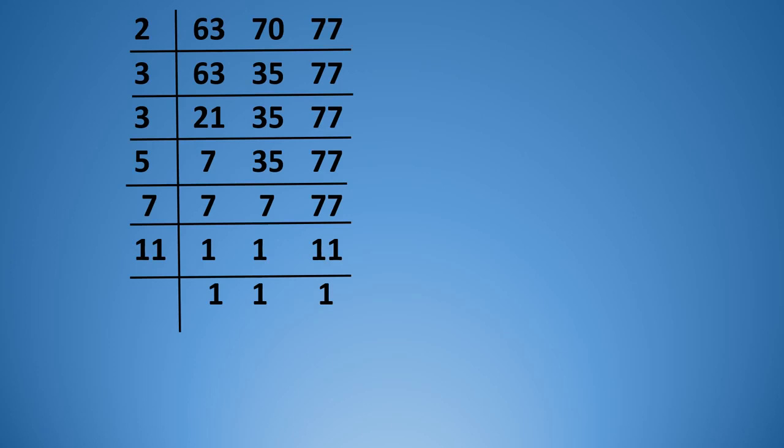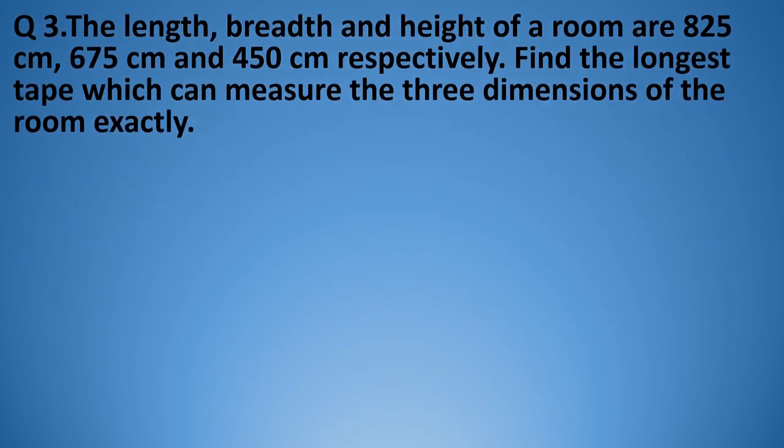And the last question is: the length, breadth and height of a room are 825 centimeter, 675 centimeter and 450 centimeter respectively. Find the longest tape which can measure the 3 dimensions of the room exactly.